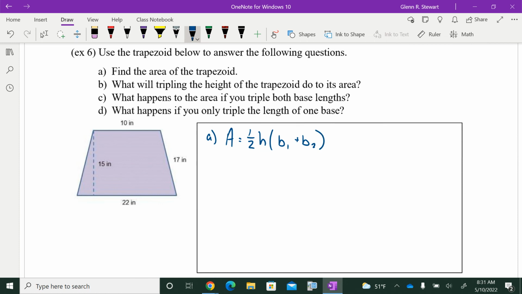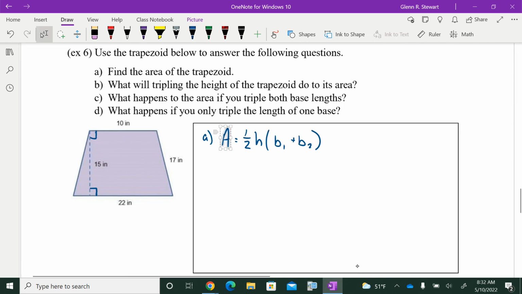So the way that this works is within a trapezoid, it's very similar to a rectangle in the sense that you're going to have two 90-degree angles. Because you have two 90-degree angles, both of those lines that help form that 90-degree angle are going to be considered bases.